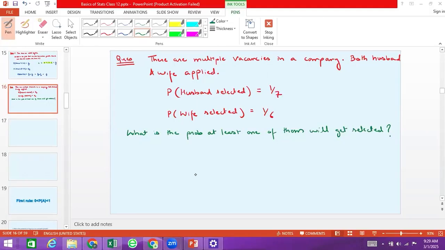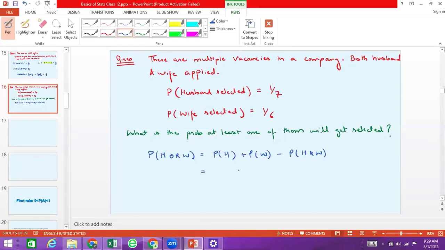Okay, just 1 minute. Let's say the probability of husband getting selected or wife getting selected is probability of husband plus probability of wife minus probability of husband and wife. This is what you said. Let's solve it and then we'll see why maybe it is not working.